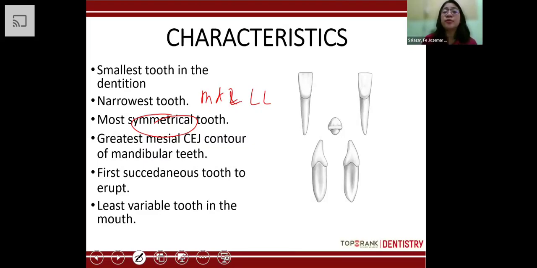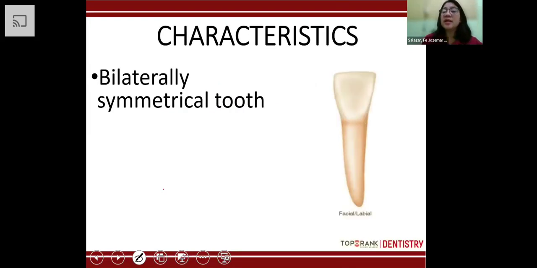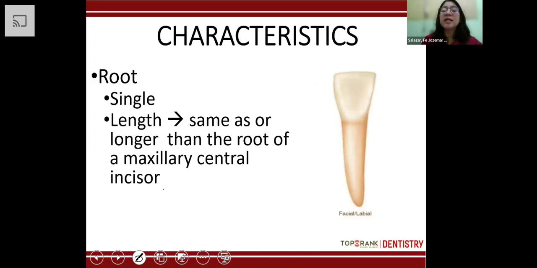First succedaneous tooth to erupt. Take note, succedaneous, because molars are not succedaneous. And least variable tooth in the mouth. Okay, that's the most unique feature of this tooth. You have a single root whose length is the same or longer than the root of a maxillary central incisor.